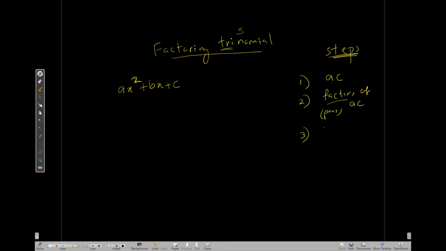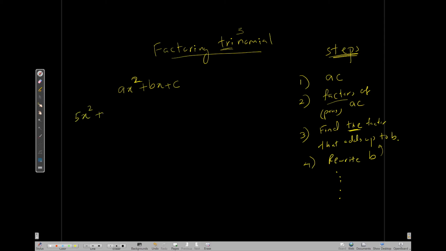Third step, find among all those pairs the factor that adds up to B. And then you have to rewrite B using those pairs and then proceed. Now let's have an example and look at this. Then you will understand this clearly.